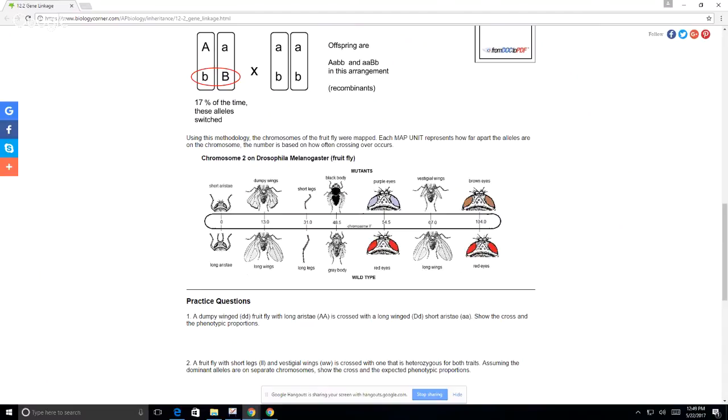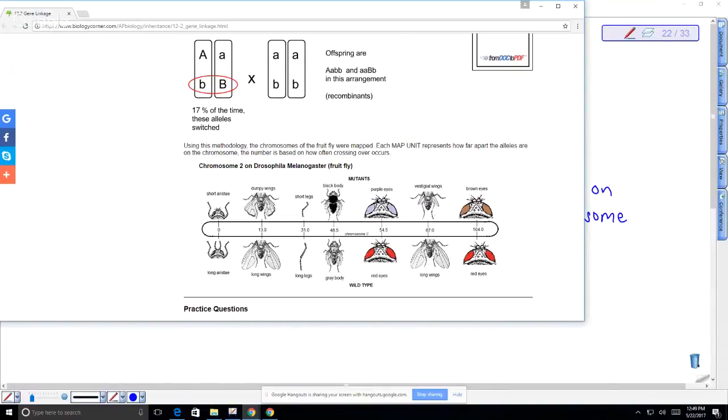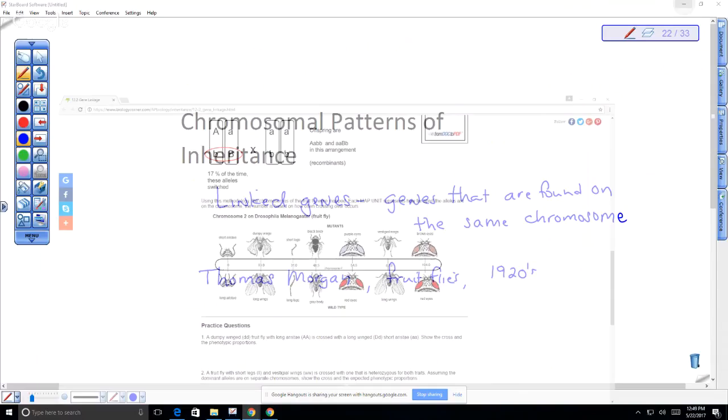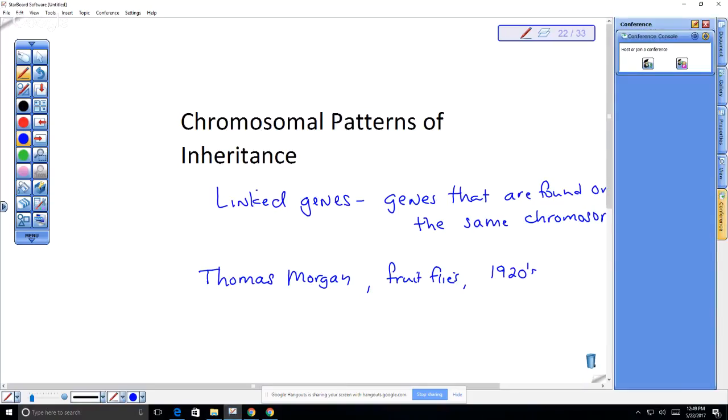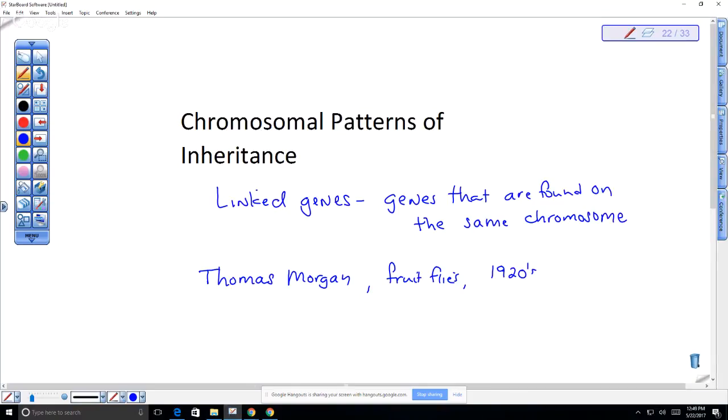All of these traits are linked together on chromosome number 2, okay? So I'm going to show you how Morgan was able to prove that genes were linked. We'll go through that idea of linkage.